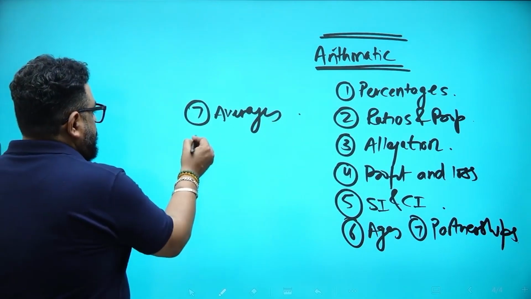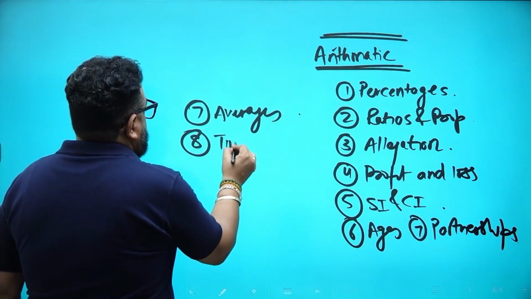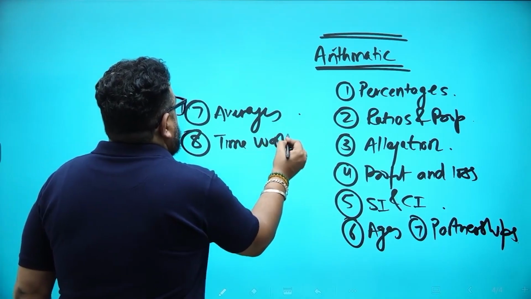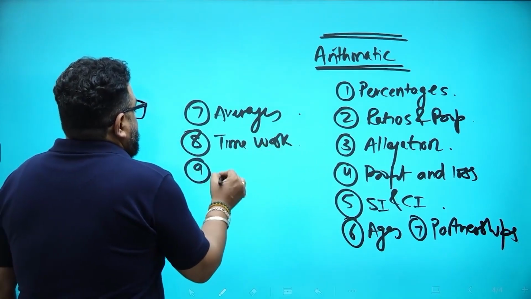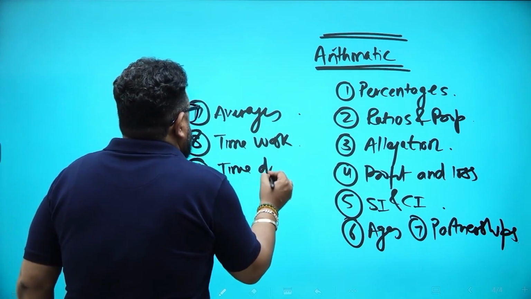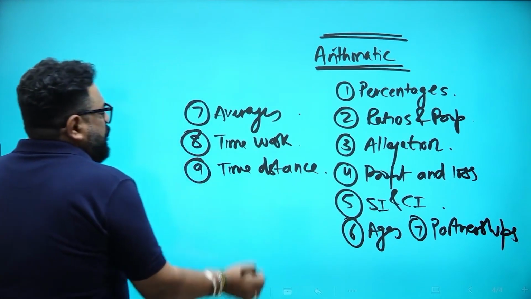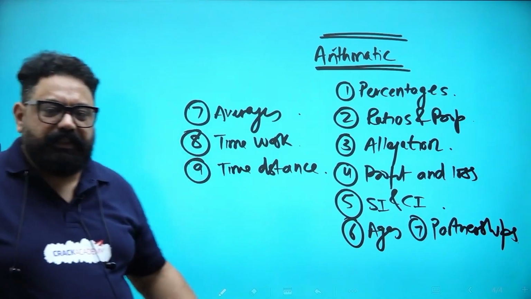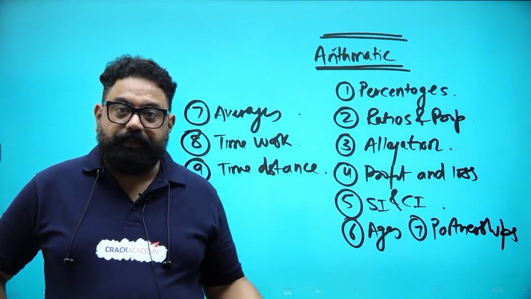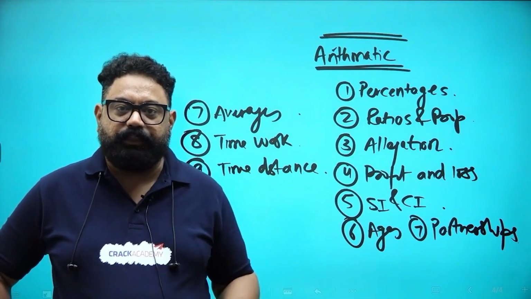And then, we are just forgetting time and work, time, distance, right? And various topics related to those topics. These are the major topics. There are a lot of subtopics as well.